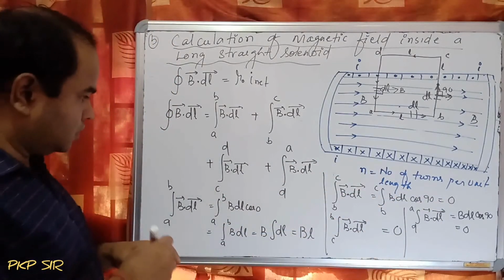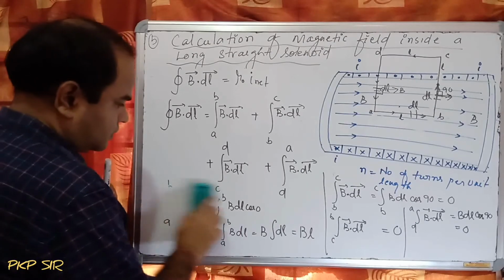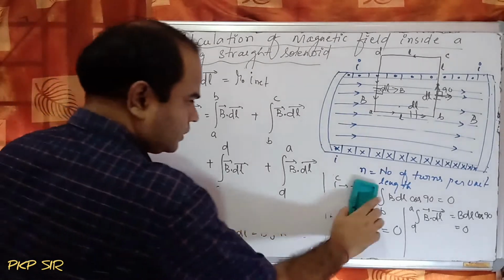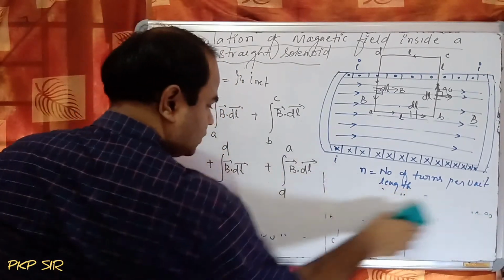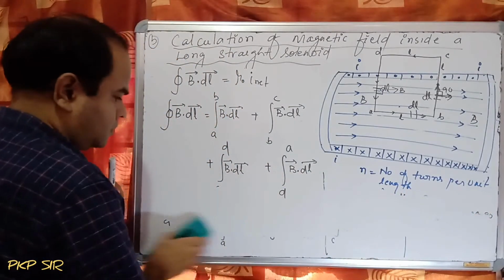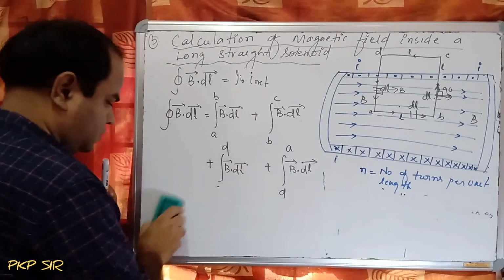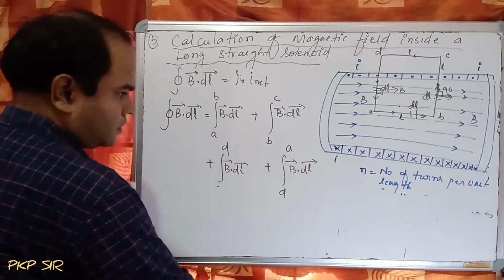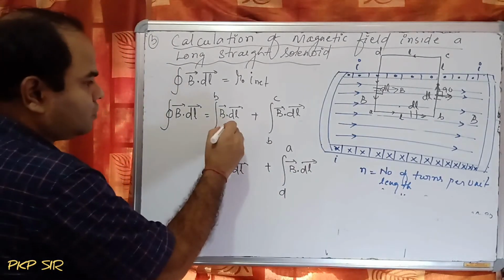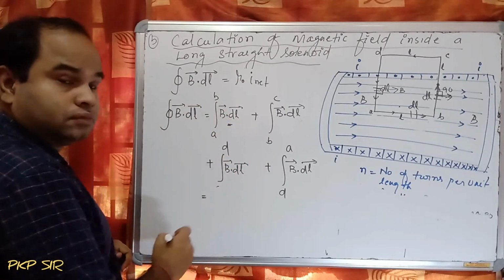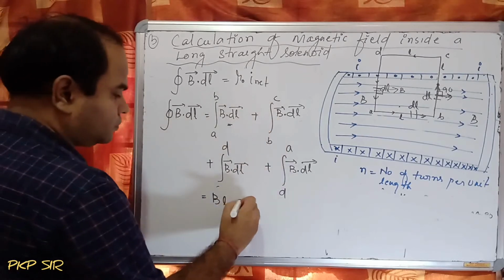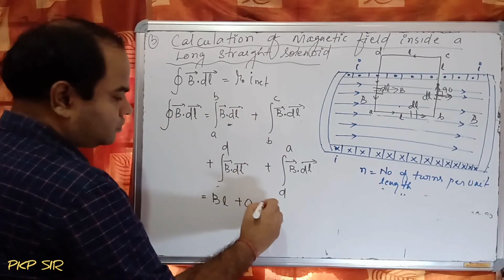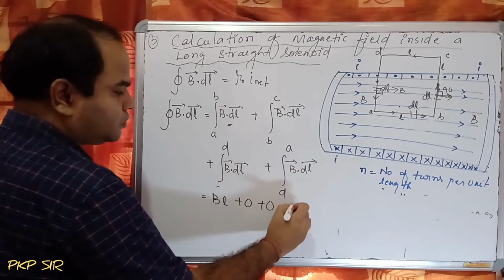That means we can write: B into L, 0, 0, and 0.